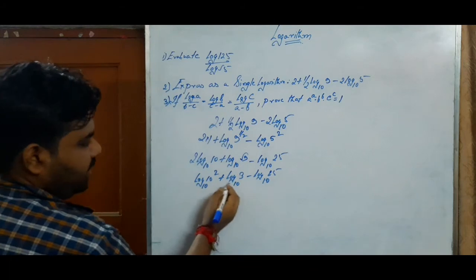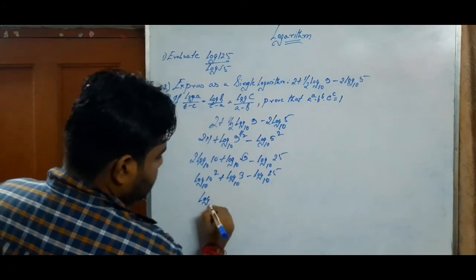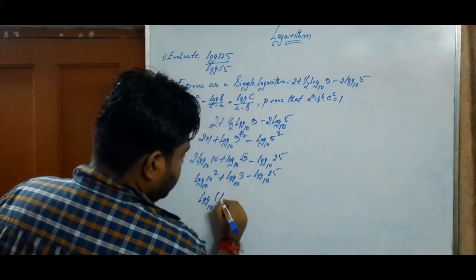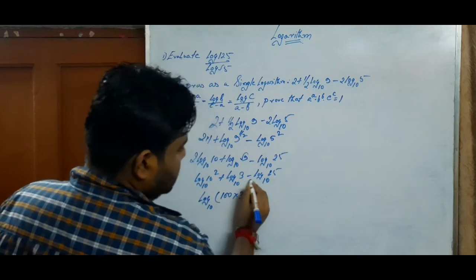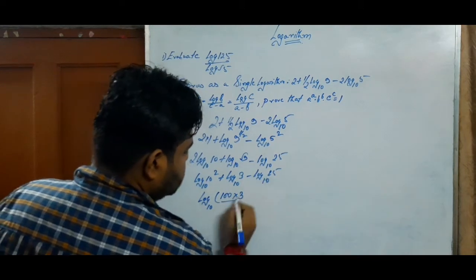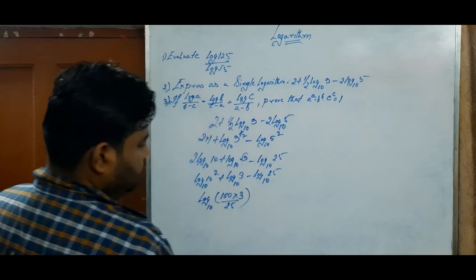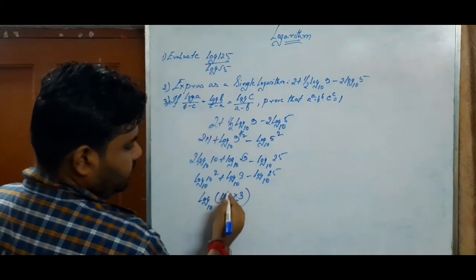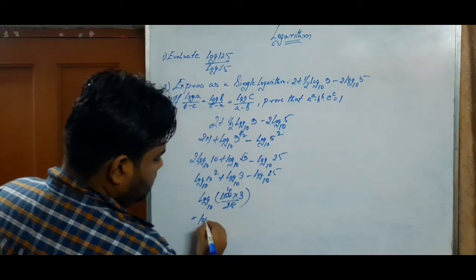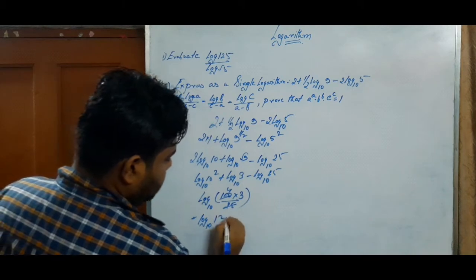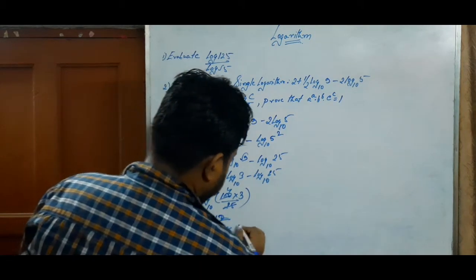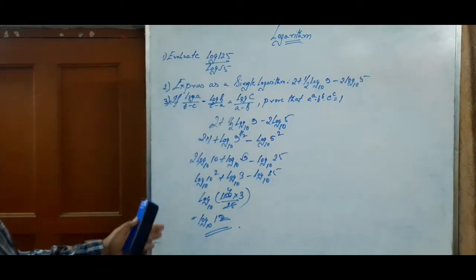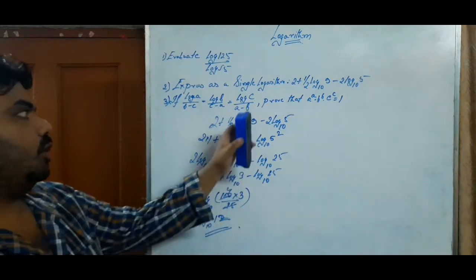Therefore, in case of plus sign we can multiply, that is log 10 squared, that is 100, into 3. Since it is minus, I will divide it by 25. Therefore, that is log 12 base 10. This is how we can express it as a single logarithm.